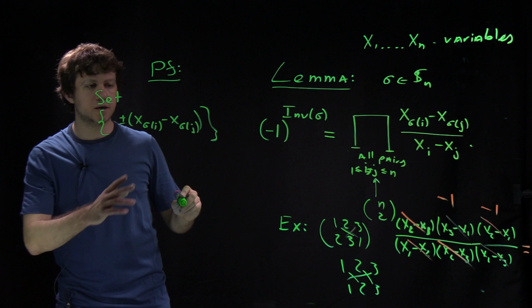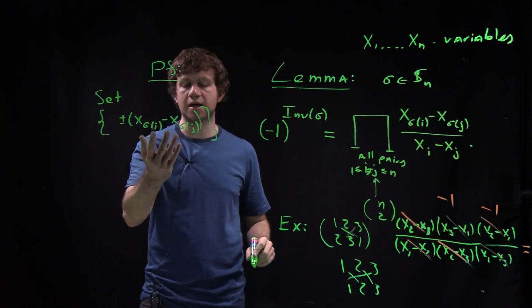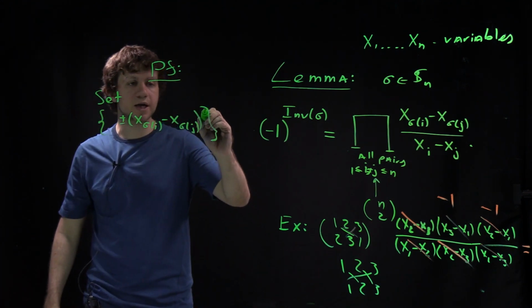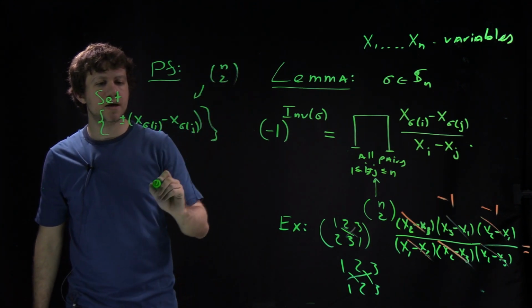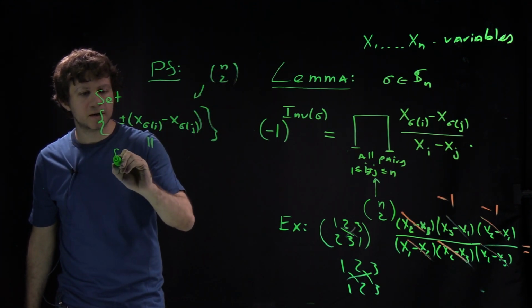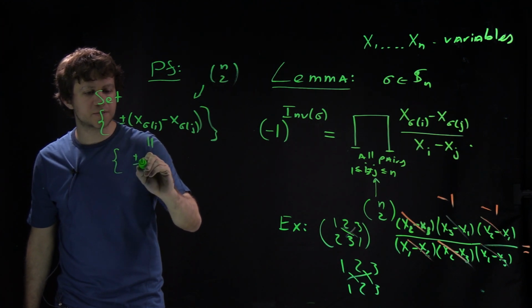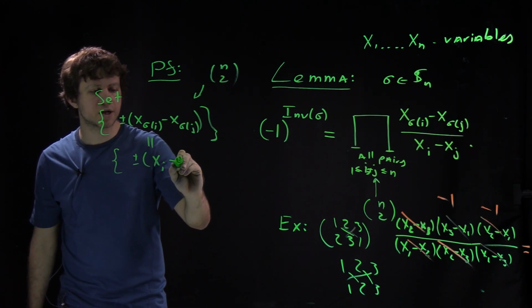So this set has a number of elements equal to the number of pairs ij. So the cardinality is n choose 2 elements. And this is just the same set as the set of these plus-minus elements xi minus xj.